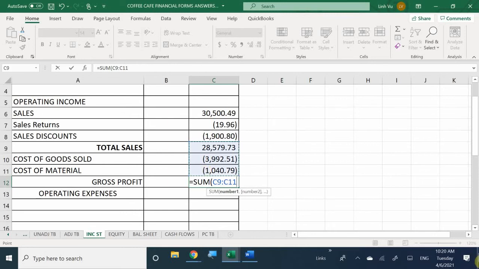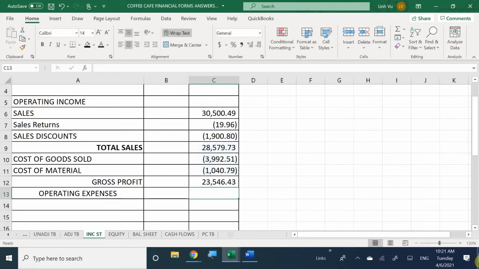So what is my total gross profit? 23,546. Oh, yeah. Perfect.